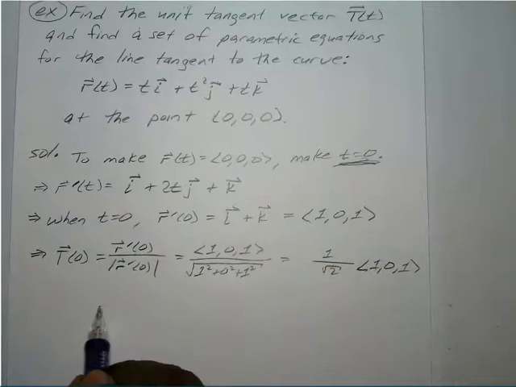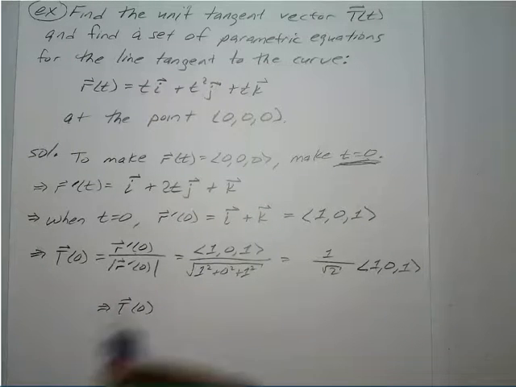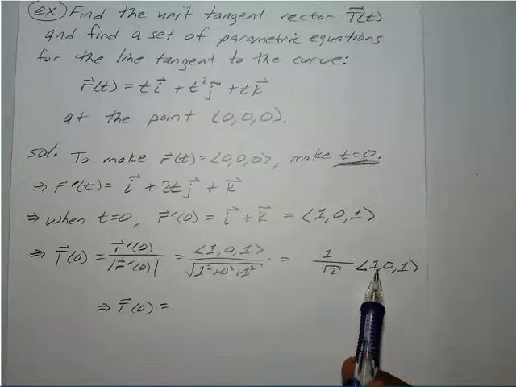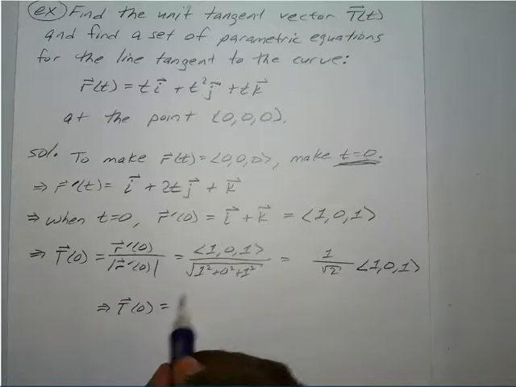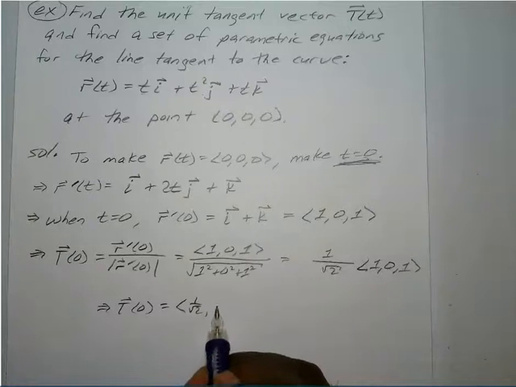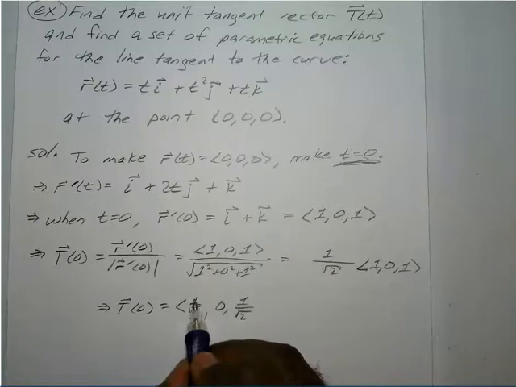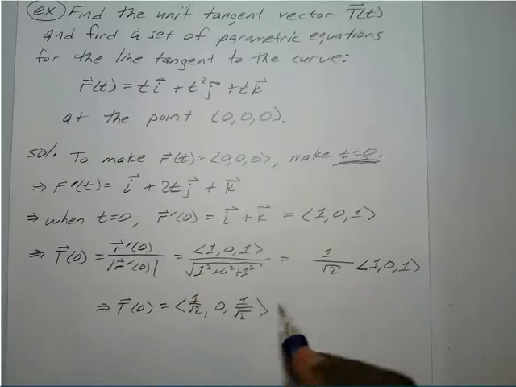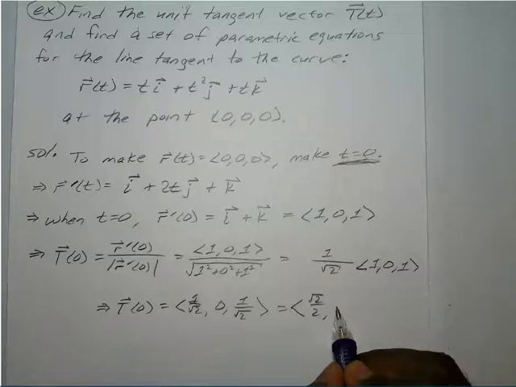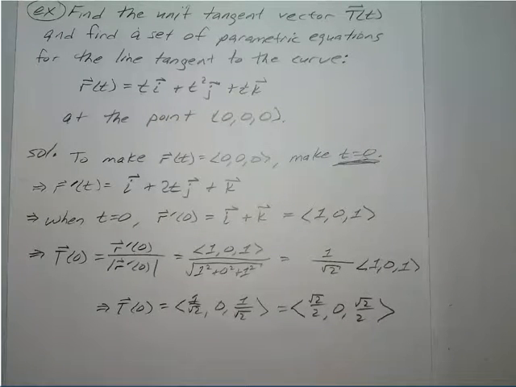Okay, so that means that our unit tangent vector at 0 is equal to 1 over square root of 2, 0, 1 over square root of 2, which is the same as saying square root of 2 over 2, 0, square root of 2 over 2 if you rationalize the denominator.